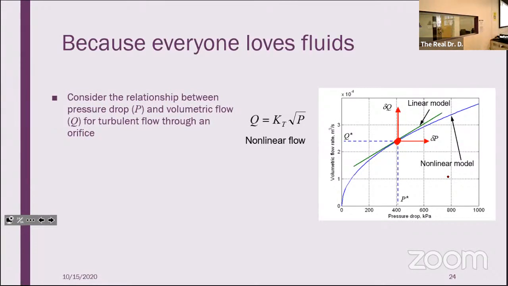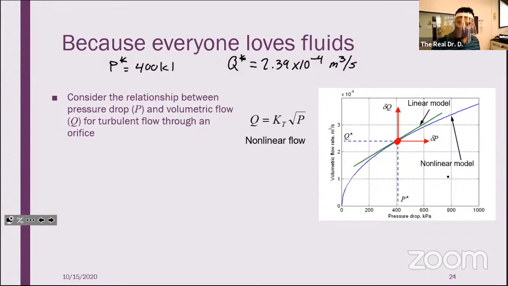Okay, we can do that. If we look at the graph, we can make some estimates, right? And I can say that Q star is roughly 2.39 times 10 to the minus fourth cubic meters per second, and P star is roughly 400 kilopascals.